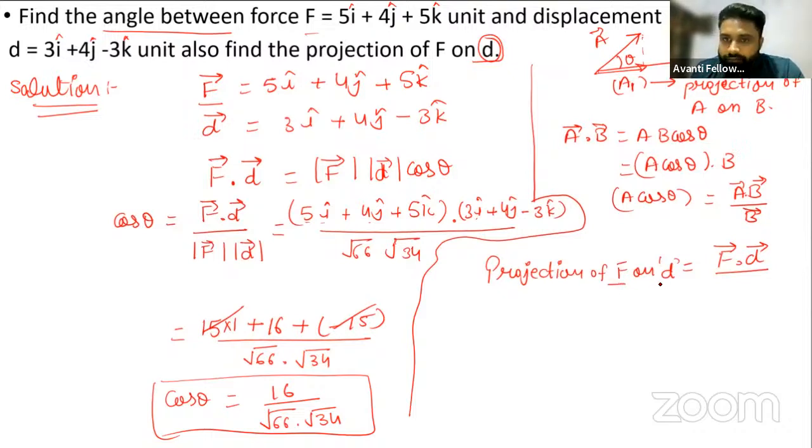And this vector f is projected on vector D. So you have to take the magnitude of vector D. The dot product we have already calculated, which is 16, divided by the magnitude of vector D, which is square root of 34.